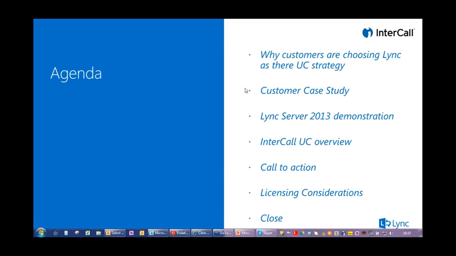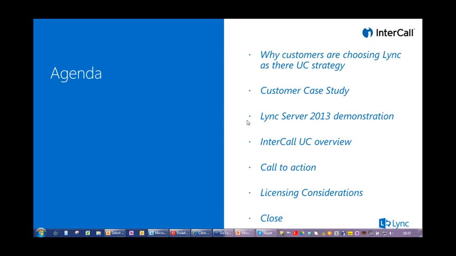And then we're going to hand over to Alistair Cumberworth, who's going to demonstrate Lync and give you a brief dry run of the Lync server demonstration, followed by an Intercal overview of our capabilities as a UC SI. And then following that, a call to action, and handing over then to Chris Swanee regarding license considerations.